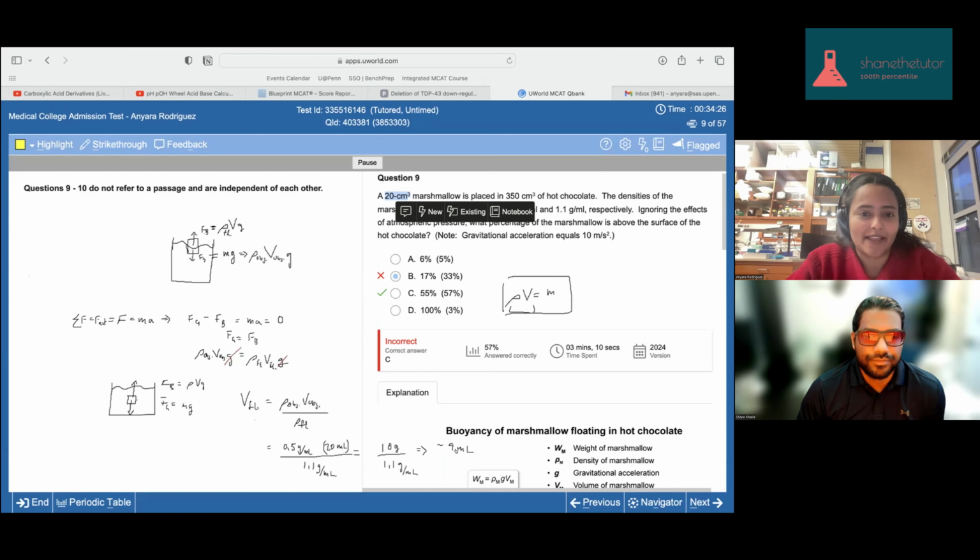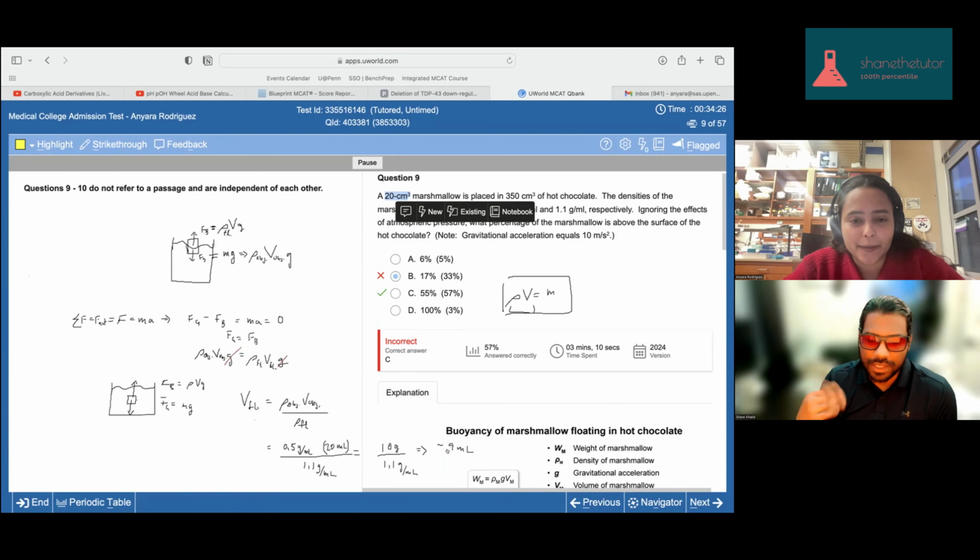So that means only about 9 cubic centimeters of the volume was displaced. Yeah, so roughly 9 milliliters is the volume of the fluid displaced.